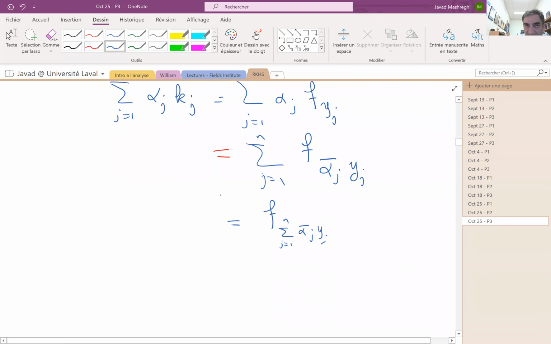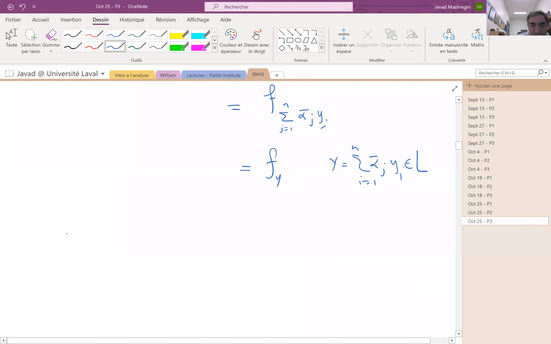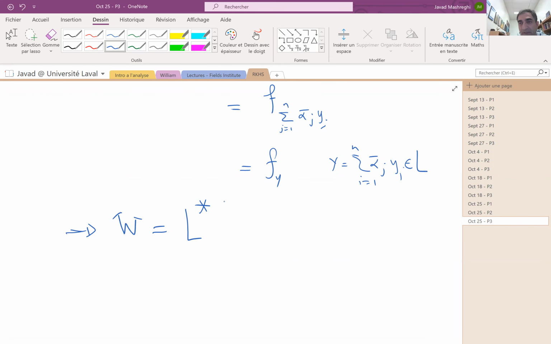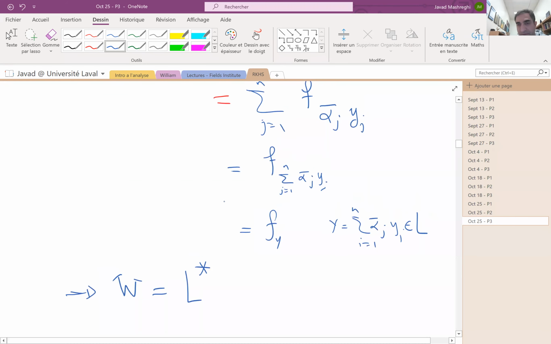So at the end of the day, any combination is f_y with y in L. And this shows that W is precisely L star, the family of all bounded linear functionals.